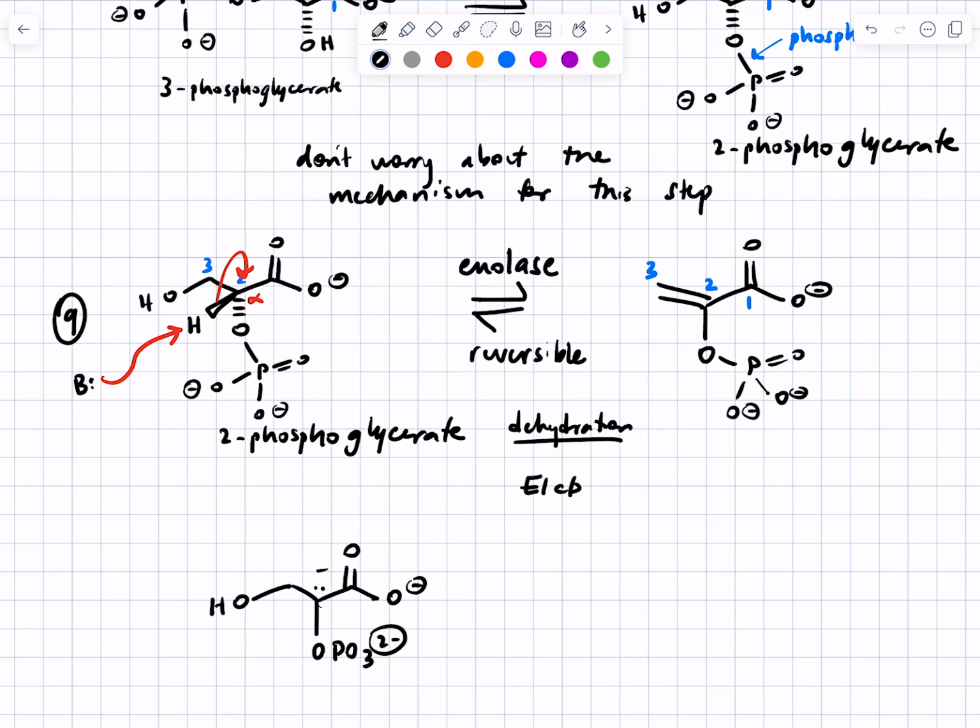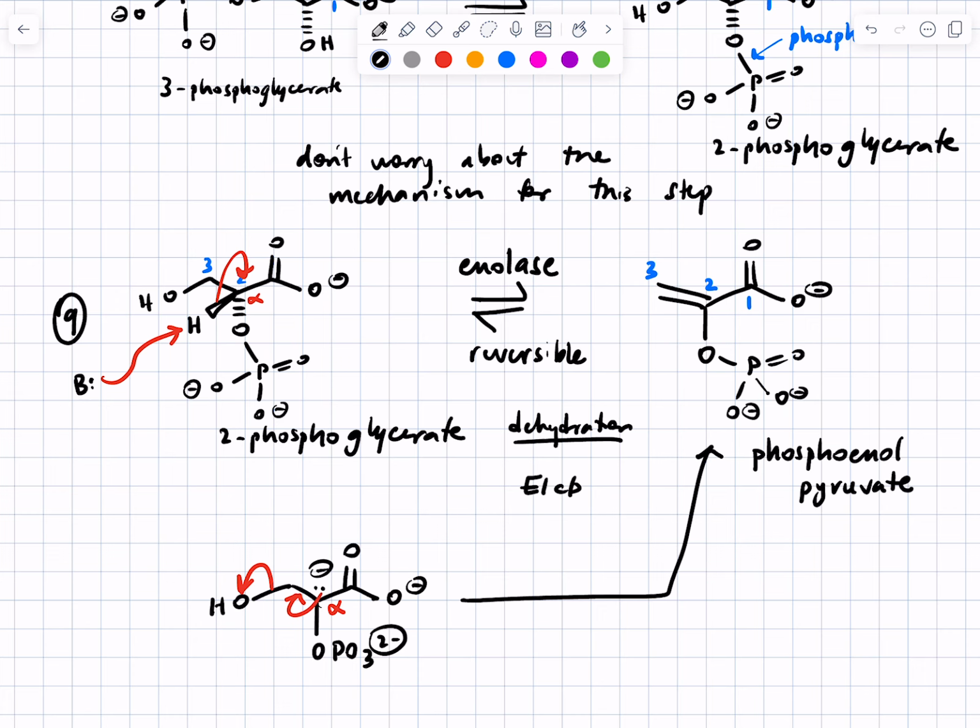I'm going to abbreviate the phosphate group like that. And then probably in a subsequent step, the negative charge on the alpha carbon kicks down to form a pi bond, and OH minus leaves as a leaving group to give you this product. And the product is called phosphoenolpyruvate.